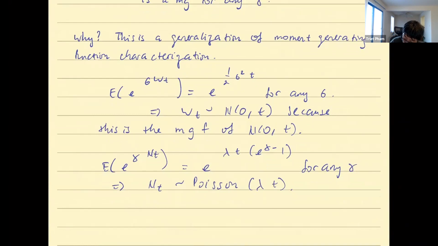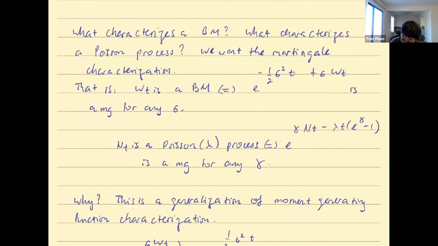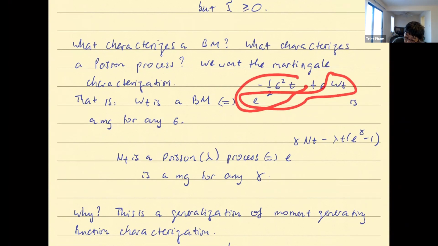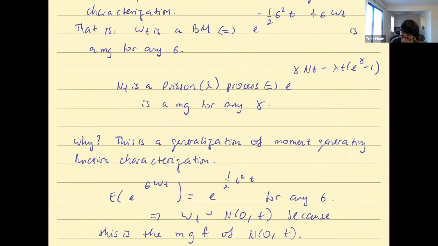So the martingale structure basically is this. And by the way, it's not hard to see that this martingale is just this part divided by the moment generating function. That's all we do.